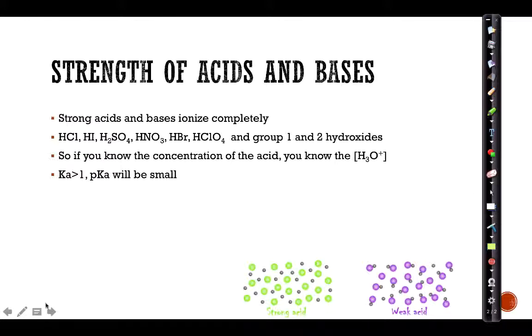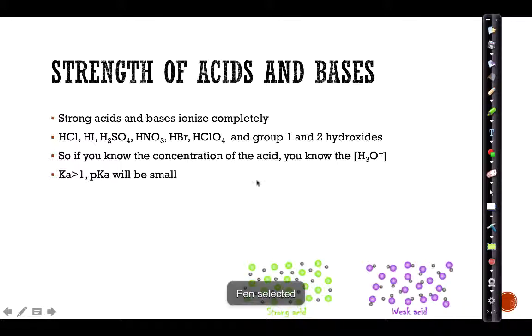All right, so the Ka for a strong acid will be larger than 1. So anytime that we have an equilibrium constant that is larger than 1, that means that it's very product driven. It's going to be making a lot of products. So if I dissolve something, I'm going to be dissolving all of it if the K is larger than 1.